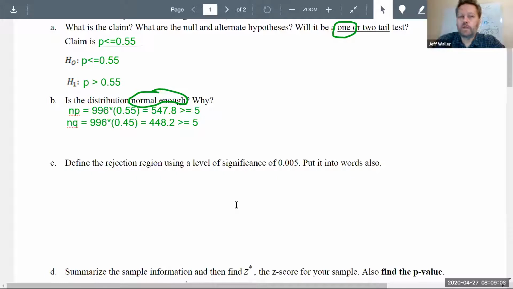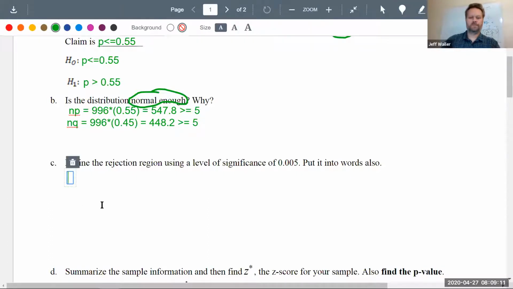Okay, so part C is the same as always. I know it's a one-tail test, right? I know alpha. What's alpha?